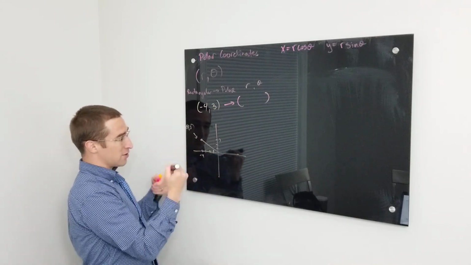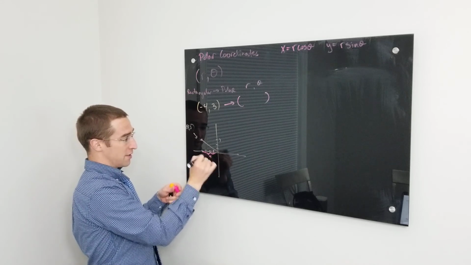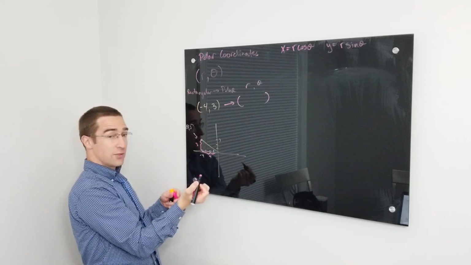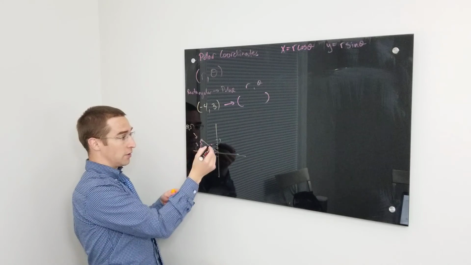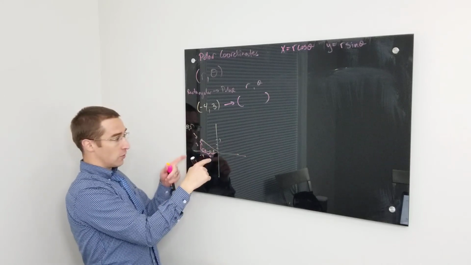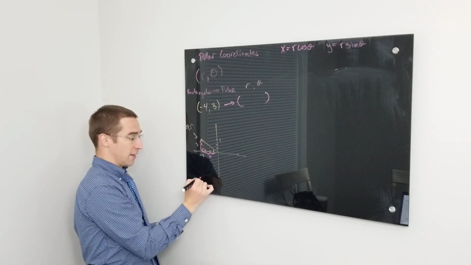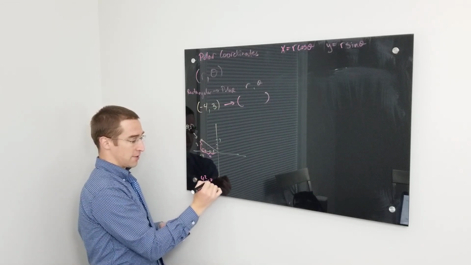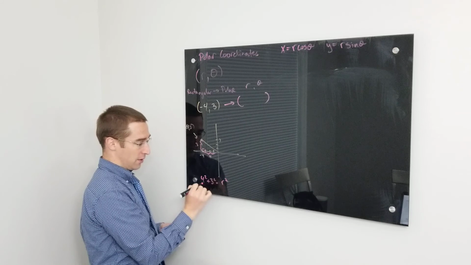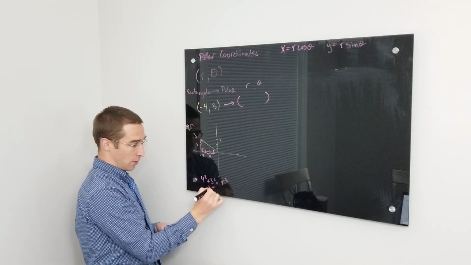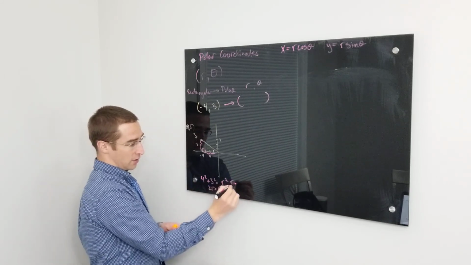There's a little triangle here: distance 4, distance 3, right triangle. 4 squared plus 3 squared equals r squared. That's 16 and 9, which is 25. So r equals 5.